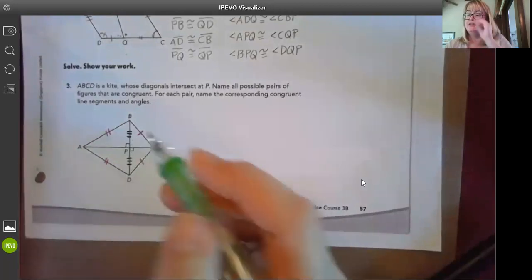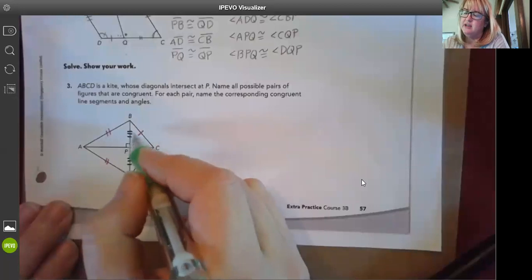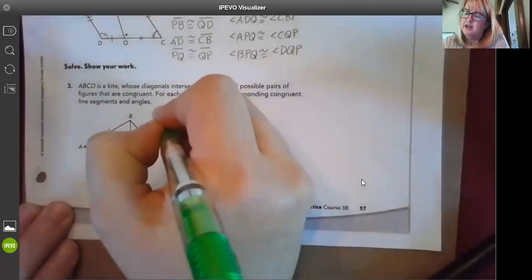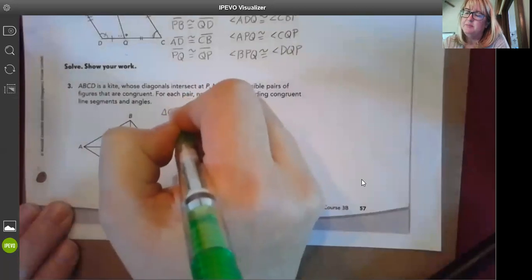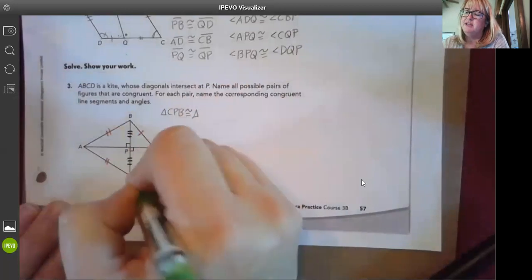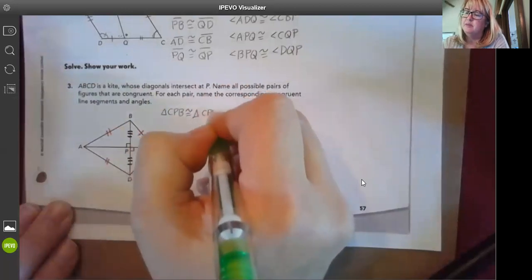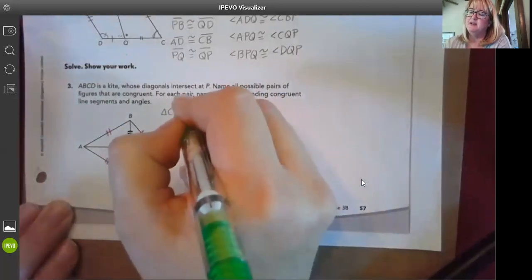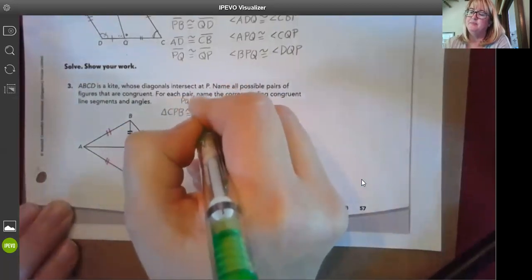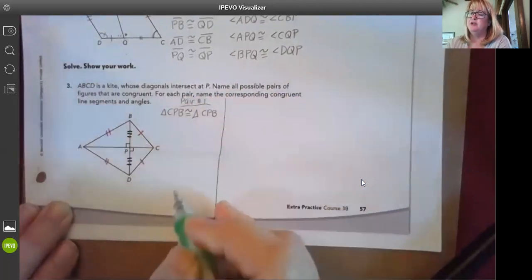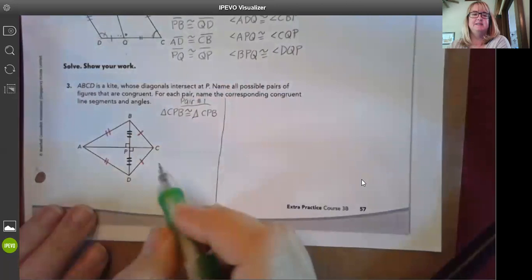So let's look at the first pair, this triangle. I'm going to call it CPB. Triangle CPB is congruent to triangle CPD. So this is the first pair. That's pair number 1. All right, let's do our congruent side lengths.